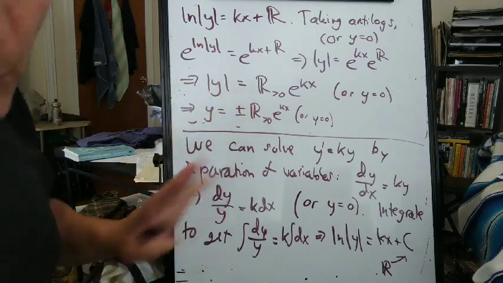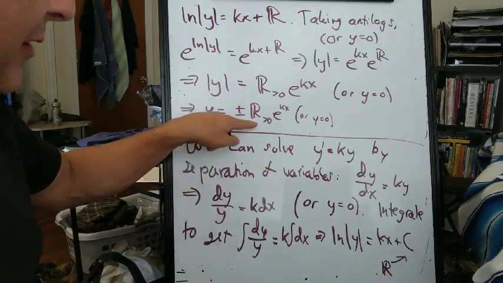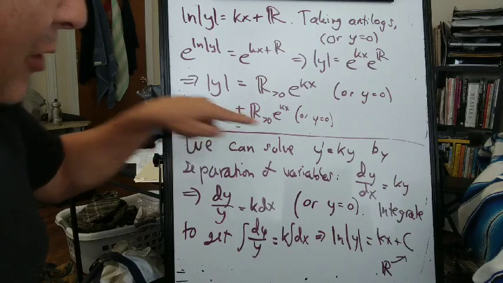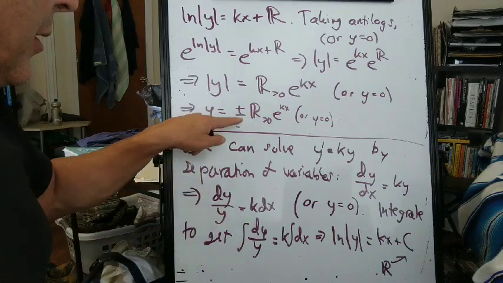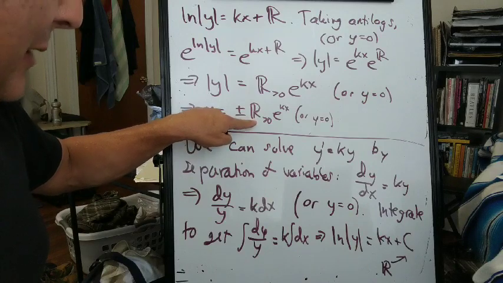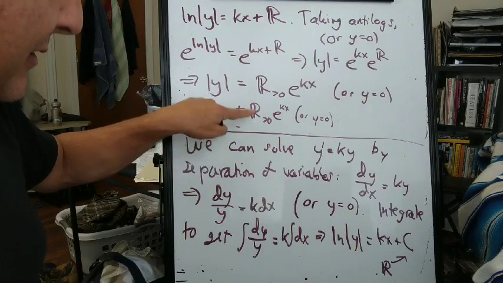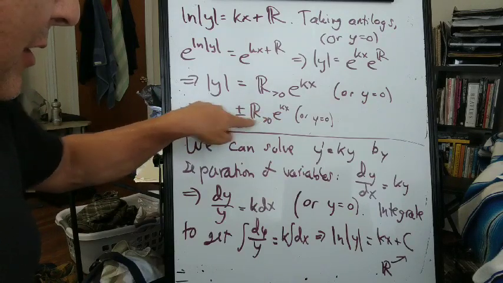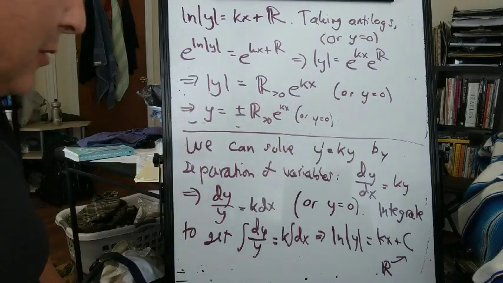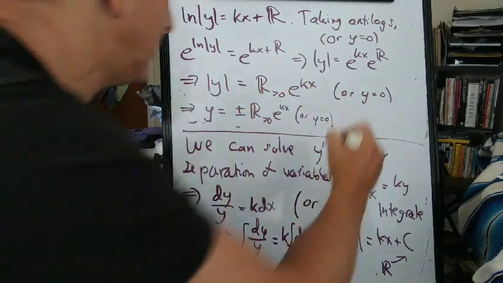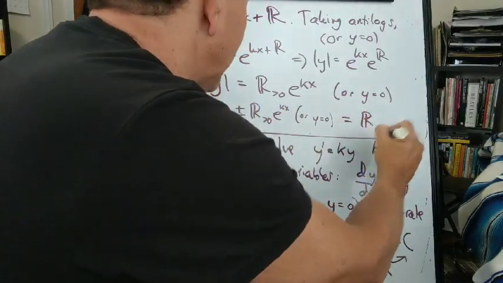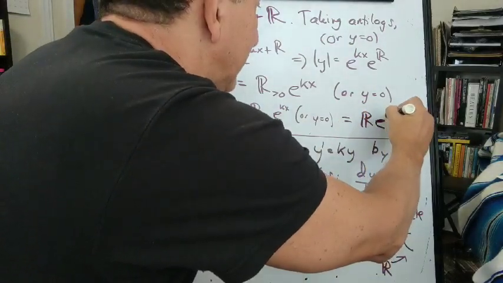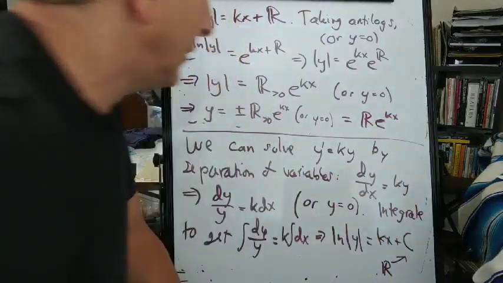Now positive numbers don't include 0, so it's anything greater than 0, and negative all real numbers is the negative numbers. But actually, if we include 0 in here as a possible constant, 0 times e to the kx is 0. So that'll take care of the y equals 0. So putting all this together, we really have y equals all positive real numbers e to the kx.